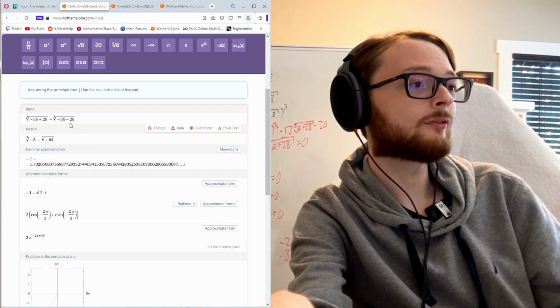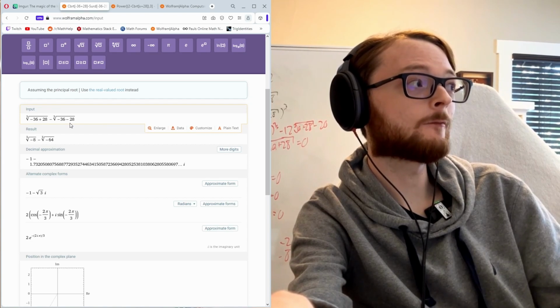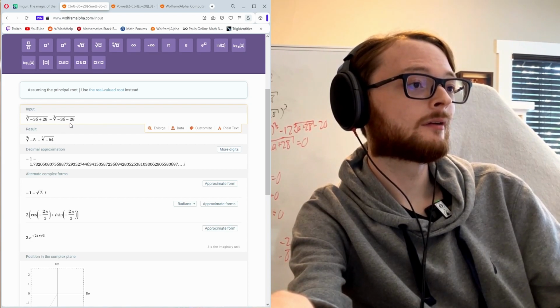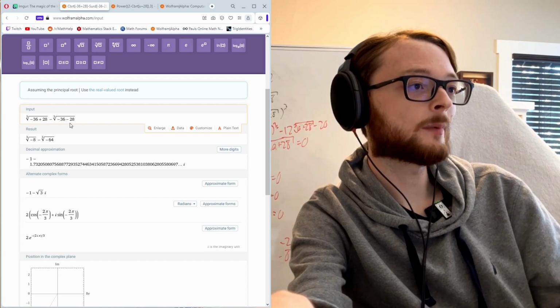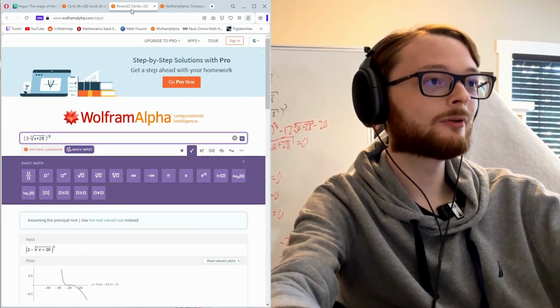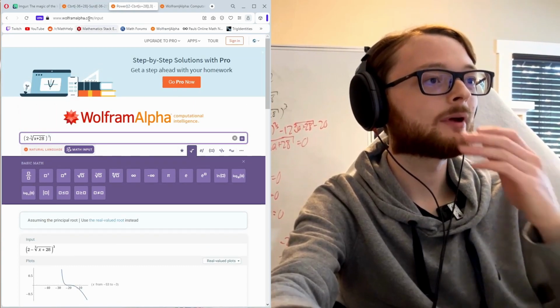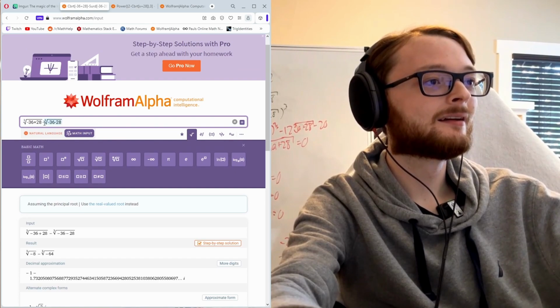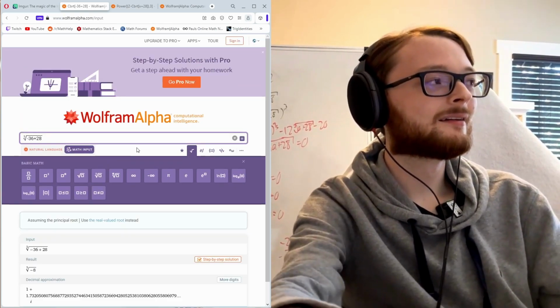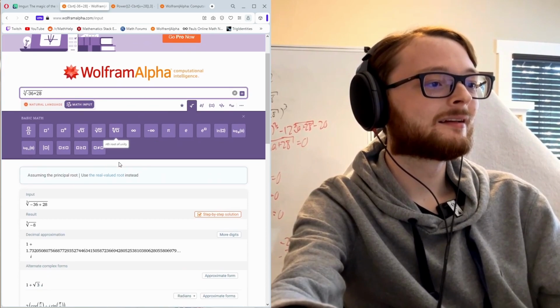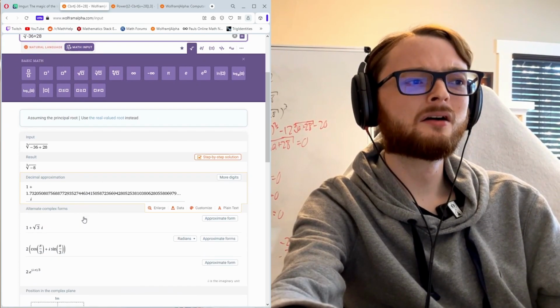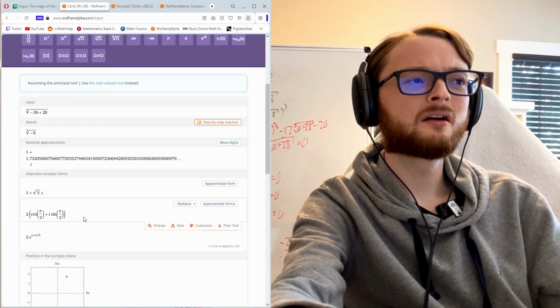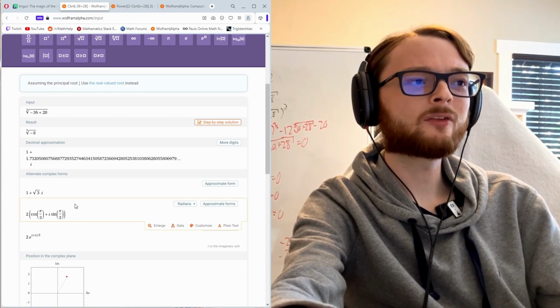That's negative 64, which becomes negative 4. Does Wolfram Alpha not know what... Do I not know what to do cube root? Wait, okay. Why does it think that's imaginary?